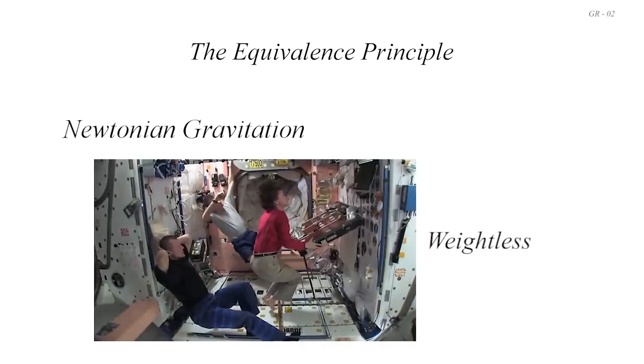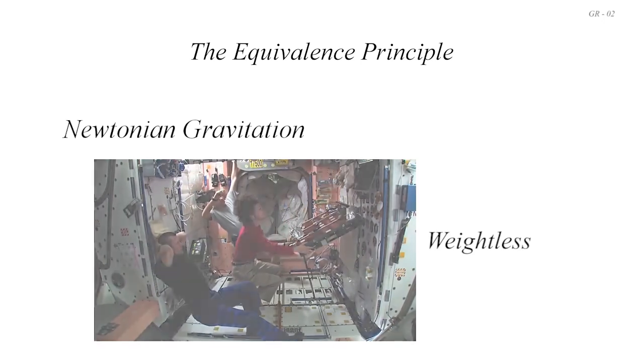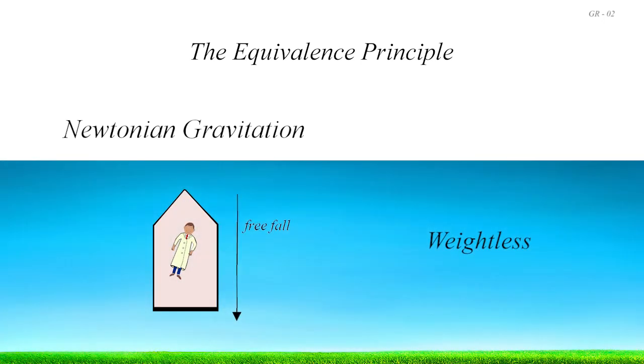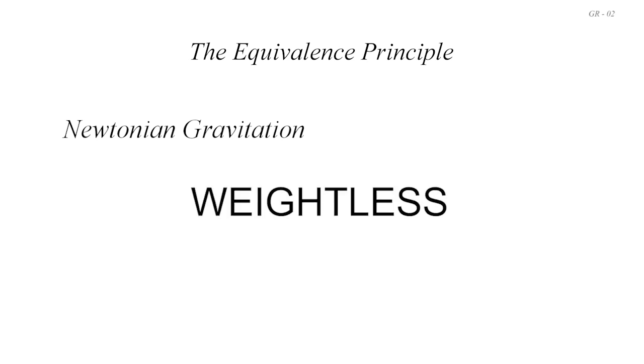And that free fall could be whilst in orbit around a planet, or it could be when simply falling towards the planet within an enclosed spaceship or in a broken elevator. In these kinds of situations, although we would describe things as weightless, there would actually be, in the Newtonian sense, a force of gravity on the object, and it would, strictly speaking, have Newtonian weight.